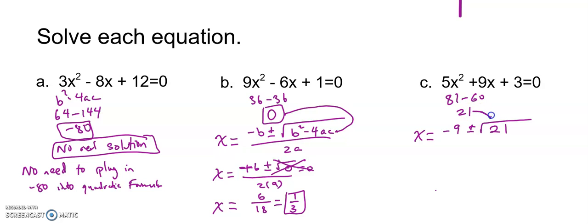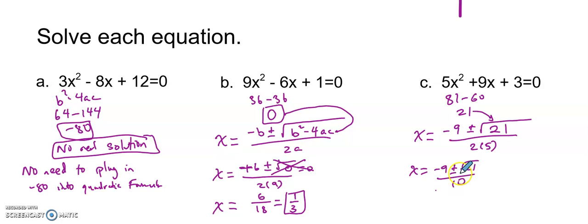Again, that number would be the number you fill in there first. You always have to fill in the square root first, and that's going to be divided by 2 times a, which is 5. So we've got x equals negative 9 plus or minus the square root of 21 over 10.